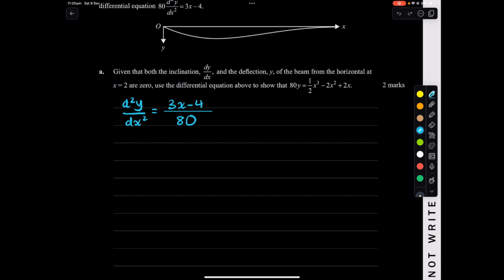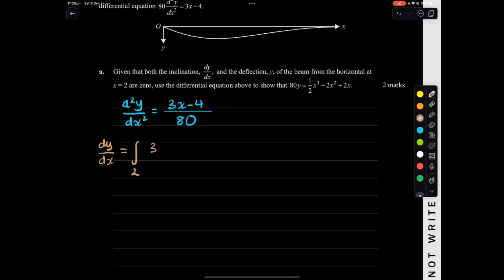What we can do is do it all at once. So we integrate to find dy/dx. We know that when x is 2, dy/dx is equal to 0.